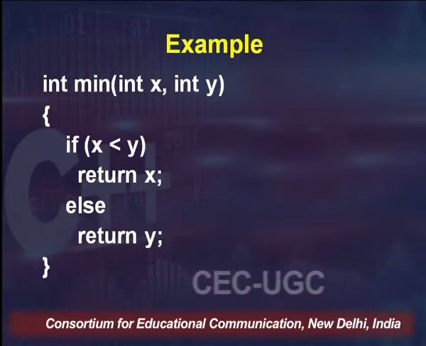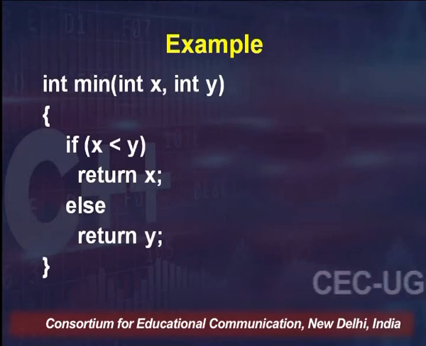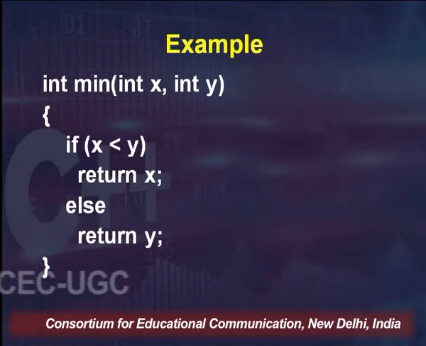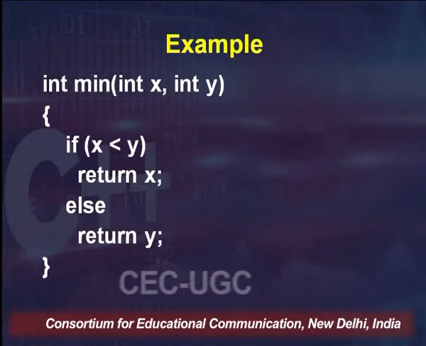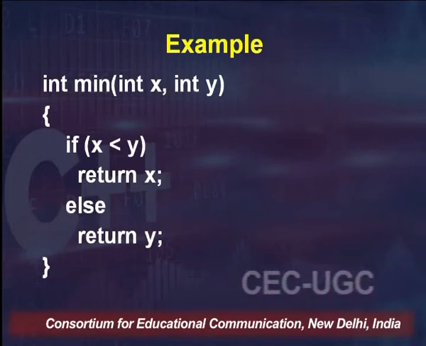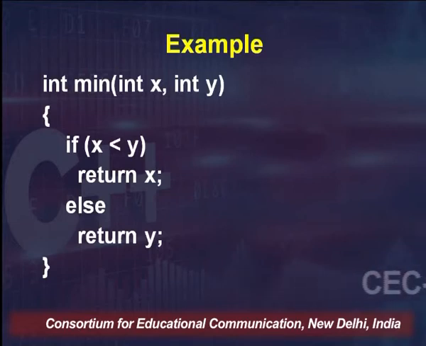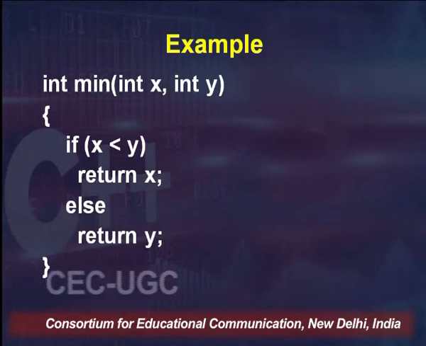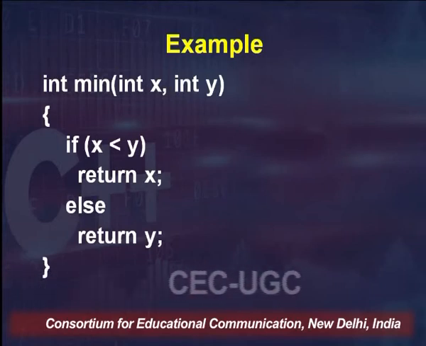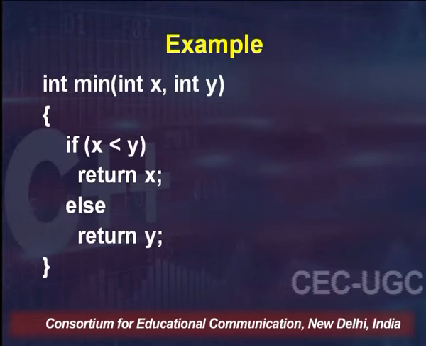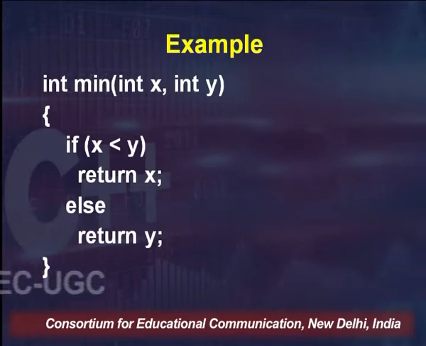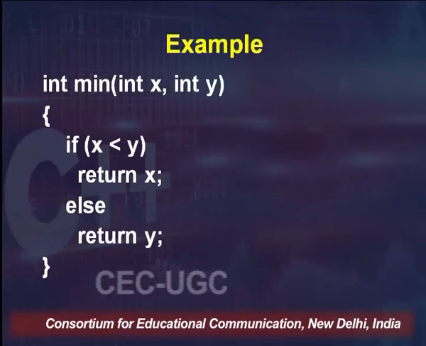What this function is doing is very simple: it is just taking the minimum of two values, which are passed to this function in the form of variables x and y, known here as parameters of the function. So if x is less than y it returns x, else it returns y, the minimum of x or y.